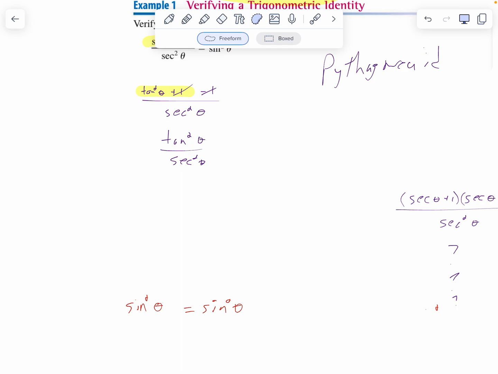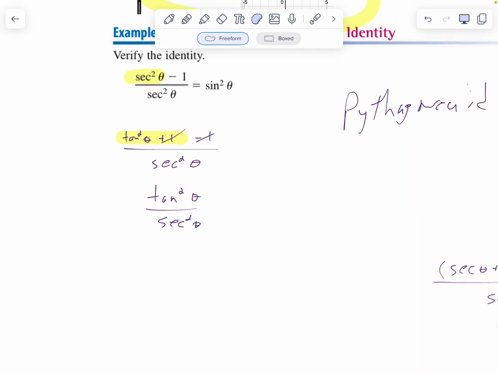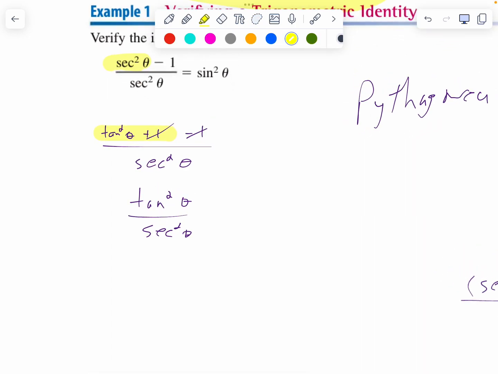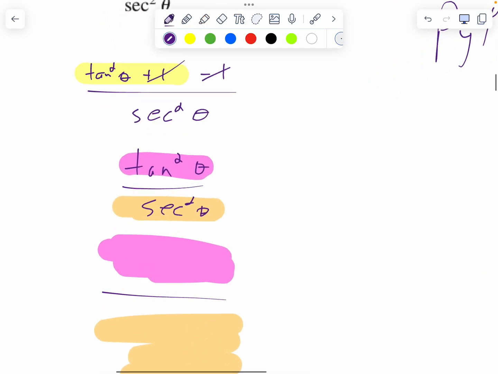All right. I'm going to use the strategy, get everything to sines and cosines. So tangent squared is sine squared theta over cosine squared theta.